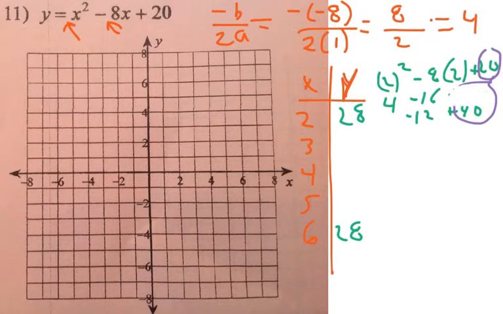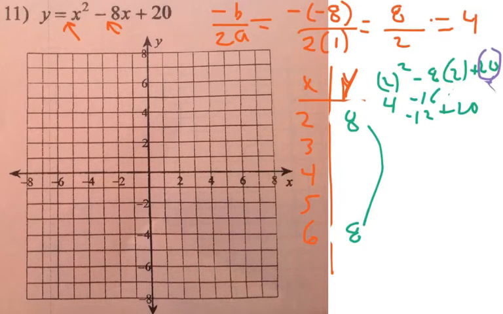So making the correction over here, guys, I know I had negative 12 plus 20, which of course is positive 8. So as you can see, guys, even I make mistakes. The key thing is when you make mistakes, you correct them. And likewise, 6 is going to be 8 because of symmetry. These two are going to match up. One's on the left, one's on the right.